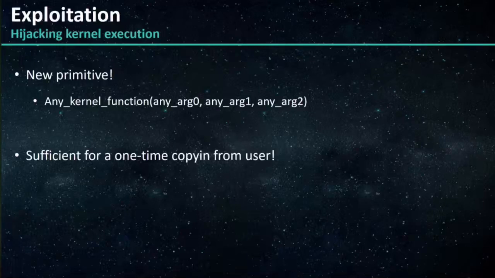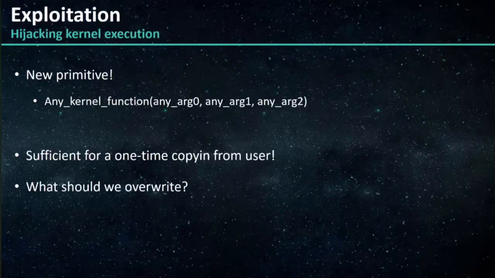So what should we overwrite? I guess most of you know, there is a new mitigation Apple did. It's KPP or AMCC. So unfortunately, we can't override constants and we also cannot override kernel text, so kernel code.